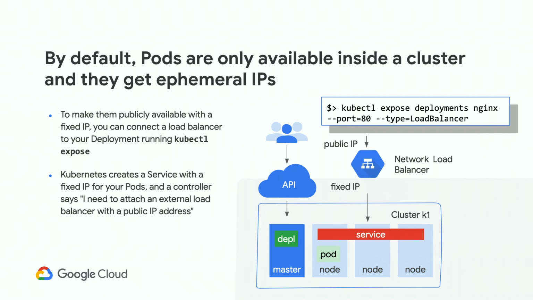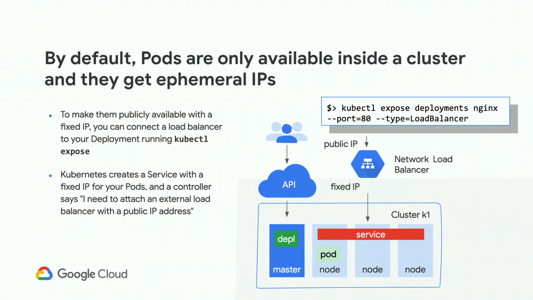That one has a public IP, and with that public IP, you'll be able to get all the requests, and you can evenly distribute them to the underlying cluster with a service, which is a kind of virtual interface, then distribute them evenly to all the pods.